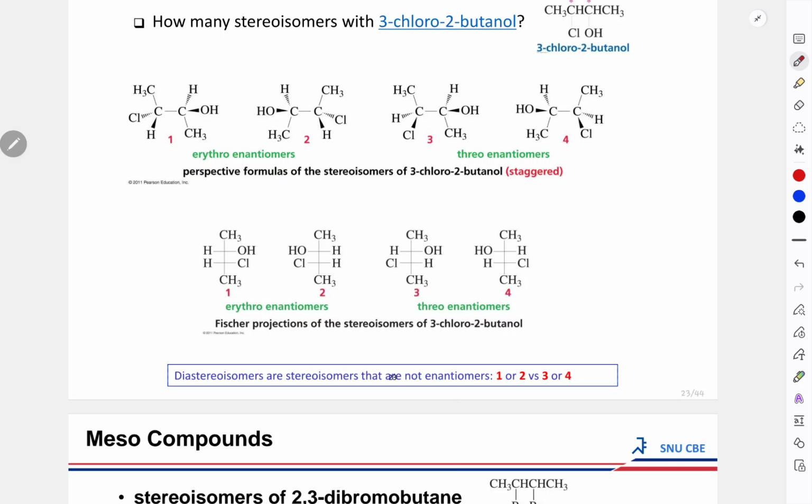So you can try to draw the stereoisomers of 2,3-dibromobutane. First identify stereoisomer A, and then identify the mirror image of that, which will be B.